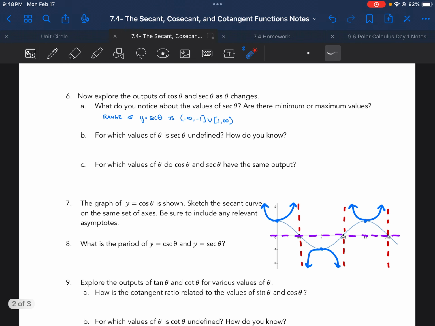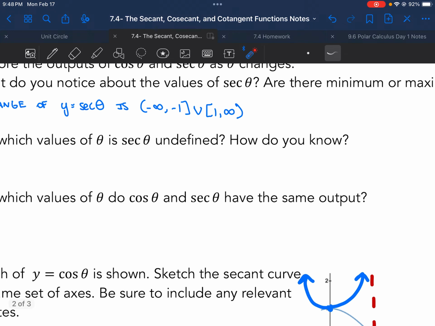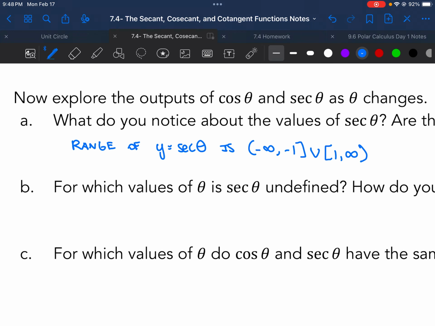All right. For which values of theta is secant of theta undefined? Secant of theta is undefined when cosine of theta is equal to 0. So remember, secant of theta, its cosine's reciprocal. It's 1 over cosine of theta.